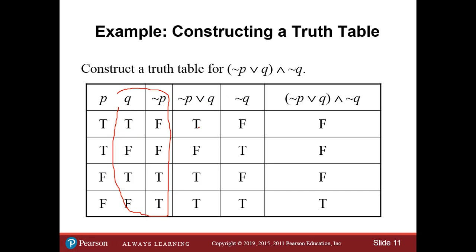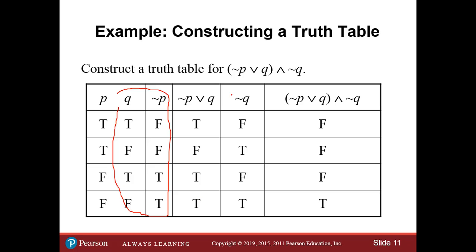There's a T here, so that means this is going to be true. There's no true here, they're both false, which means this is going to be false. Here there's a true, which means true, and we've got a true, which means true. So it's going to be true, false, true, true.